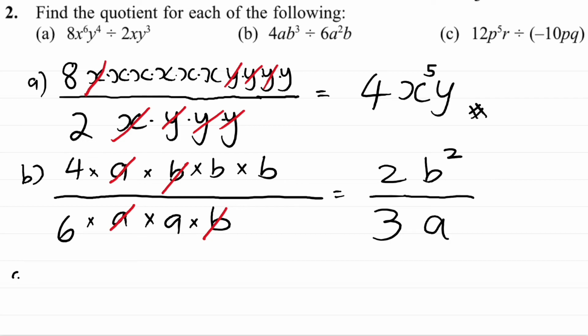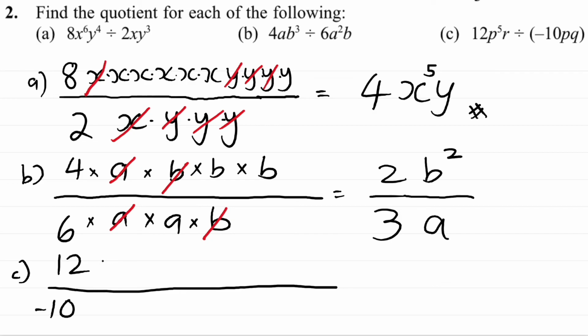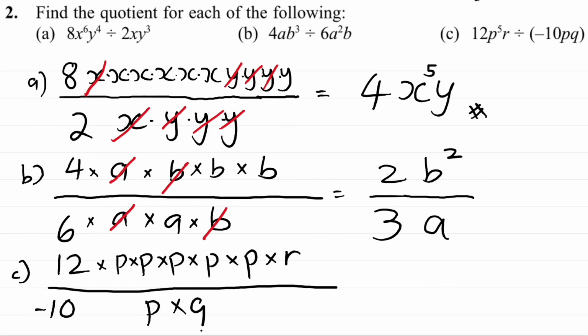C pula. Sini panjang sikit. Okay. Letak 12 sini. Letak negatif 10 sini. Darab dengan 1, 2, 3, 4, 5. Lepas tu R. And then this one 1 dengan 2. Okay.